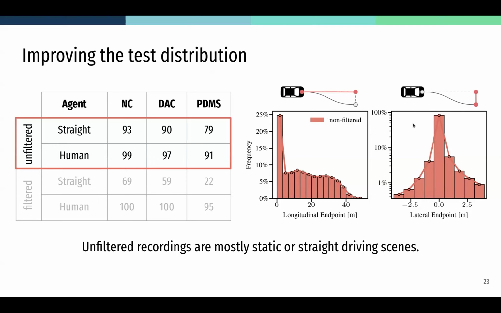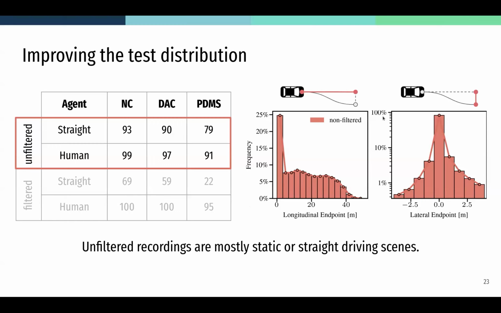It's also visualized in these plots here. If you look at the original NuPlan dataset, these are histograms of where the endpoints of the trajectories are in terms of the X and Y projections. Around a quarter of the dataset, you're standing still, and there is a drop off of going at higher speeds.